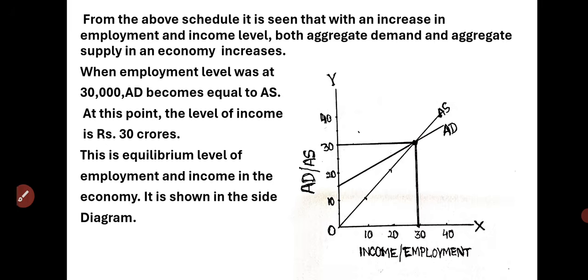So, you see, after discussing these concepts, what is aggregate demand, what is aggregate supply, then how the equilibrium level of income and employment can be determined with the help of aggregate demand and aggregate supply, AD and AS, we will now discuss this very important concept.